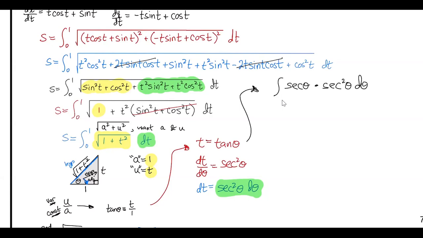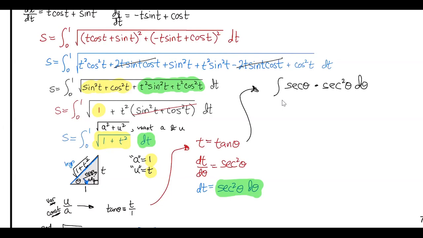And the first thing we're going to have to do is split it up to secant theta and secant squared theta. So that's kind of cheating on my part, because if I'm in your position, I wouldn't necessarily know that going in, but just to save time, save energy, we're just going to leave it like this. All right. So then we want to start thinking about the next step in the process here.